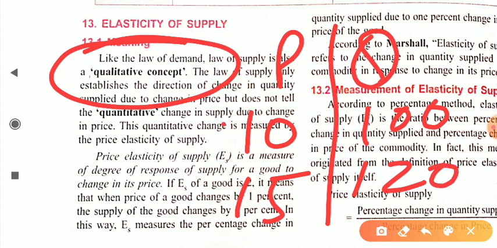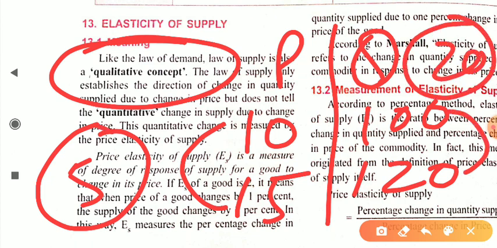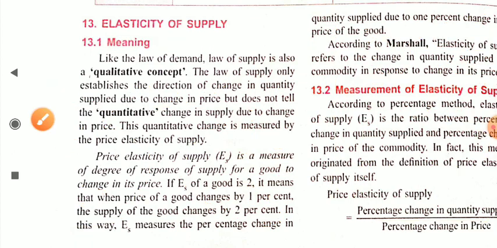So the change in price is 5 and the change in quantity is 20. The law of supply just tells us the qualitative concept. It cannot give us the measurement, the proper degree of change or responsiveness.